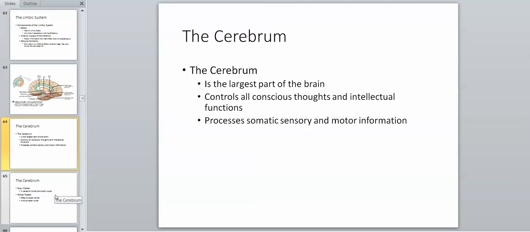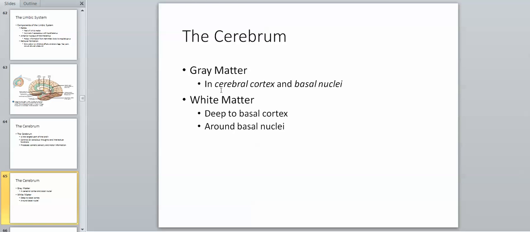So as we've said, the cerebrum is largely two things: gray matter, which is in the cerebral cortex, that 1 to 5 millimeter thick covering on the outside of the cerebrum that we talked about before. And then we have the basal nuclei, which we already mentioned, which are important for monitoring and modifying ongoing motor movement. Then we have white matter, and these are those myelinated axon bundles.